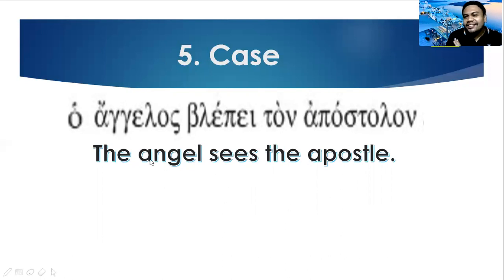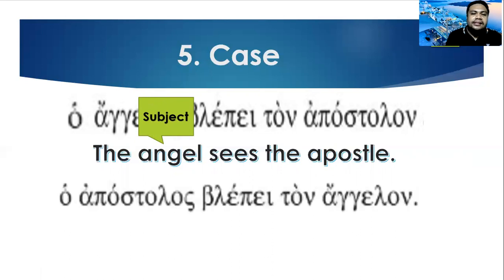We are talking about the angel. And we have ton apostolon, the apostle. So this is an accusative form. So the angel here is the subject, so it appears as angelos.